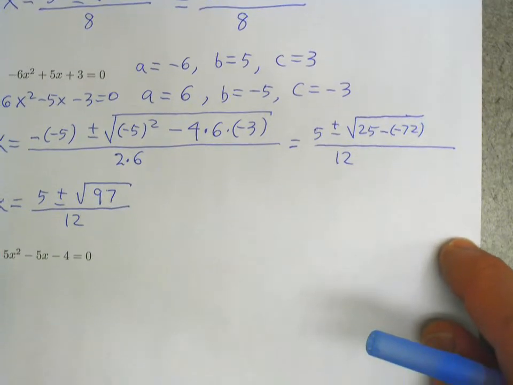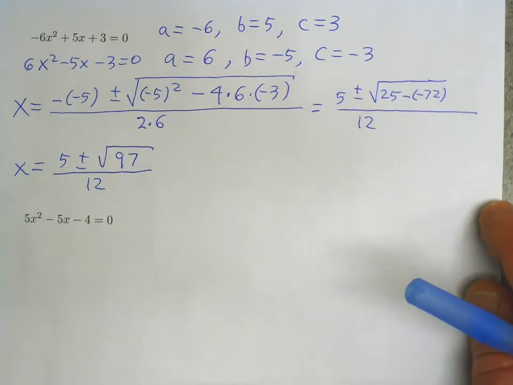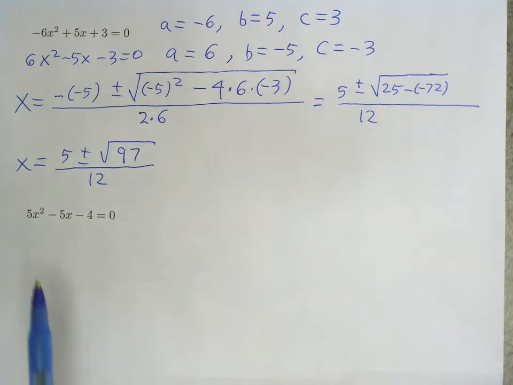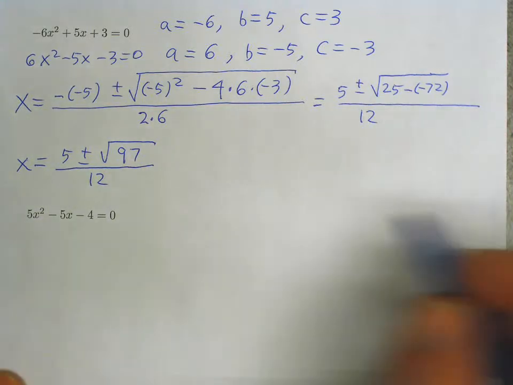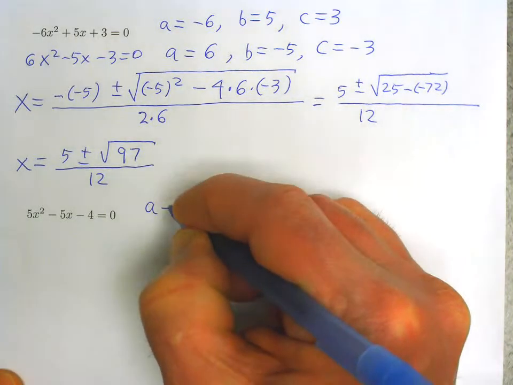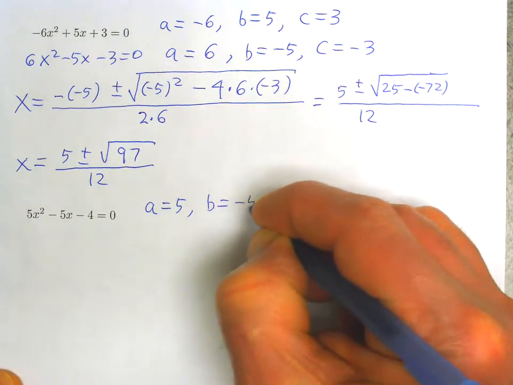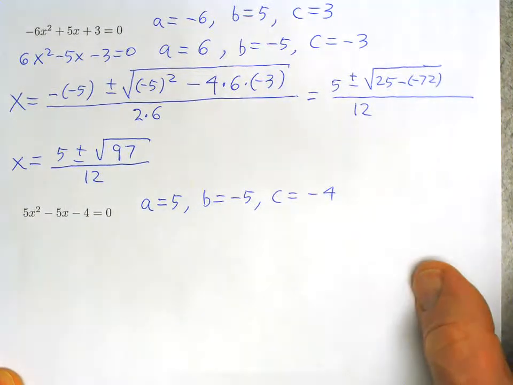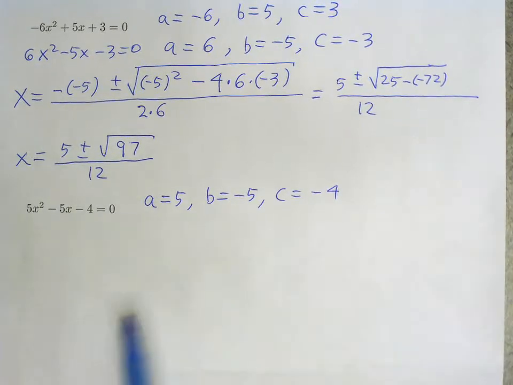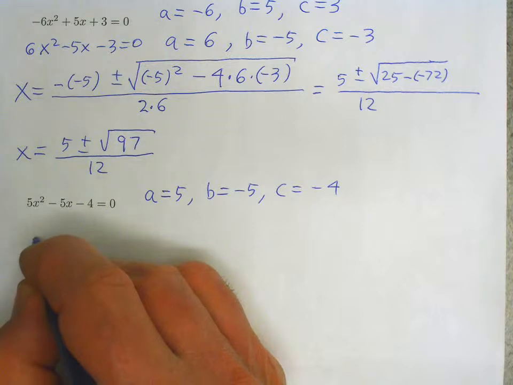Okay, in the next example, on this one, 5x to the second minus 5x minus 4 equals 0. So in this one, A is 5, B is negative 5, C is negative 4. So we apply the quadratic formula.